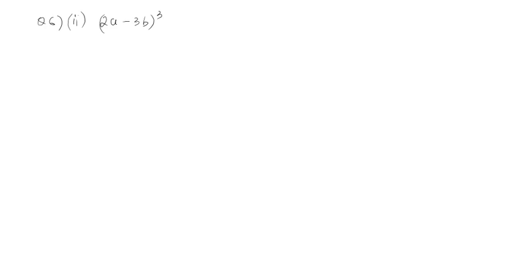I'm not writing the identity, we do the expansion straight away. So the formula is a cube minus b cube minus 3a square b plus 3ab square.